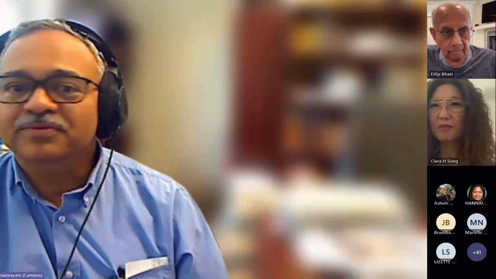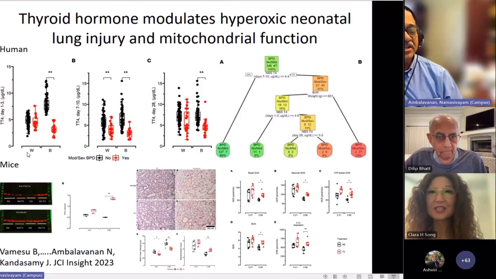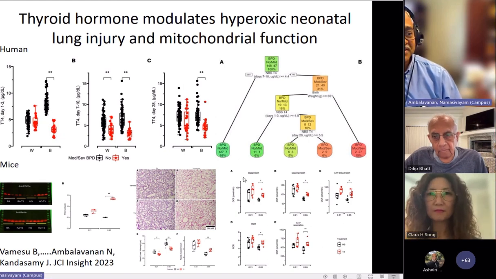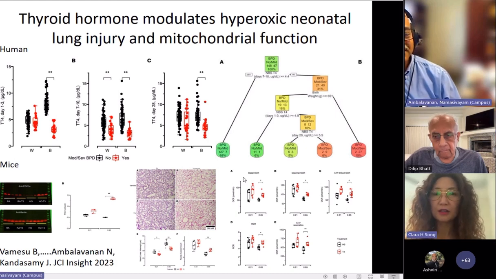So here is the one. If you can see it, white infants and black infants. Especially the first panel is I think at day 1 to 3, and the next two are day 7 to 10 and day 28. So especially day 1 to 3 for black infants, you see a big difference, but not so much for the white infants.